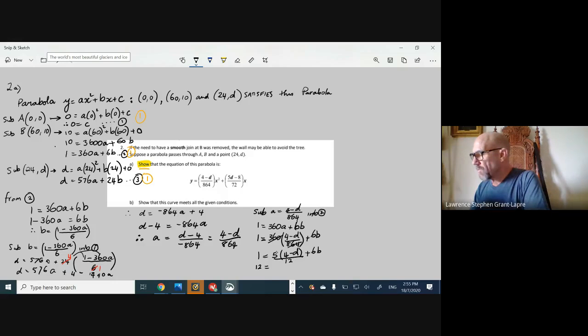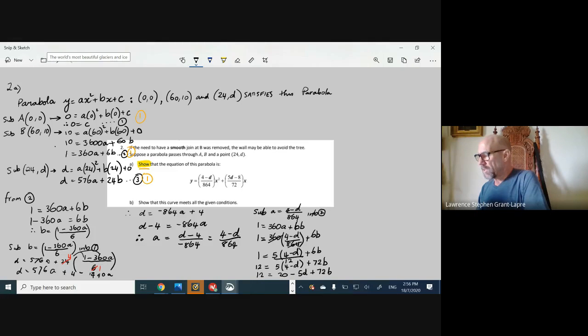This fraction times 12 is 4 minus D, and 6B times 12 is 72B. So I've timesed everything by 12. Now if I expand, I get 12 equals 20 minus 5D plus 72B.